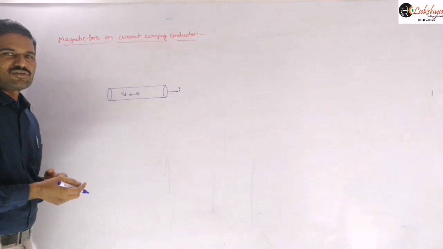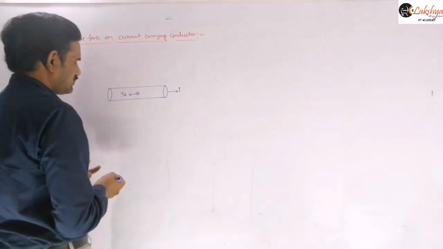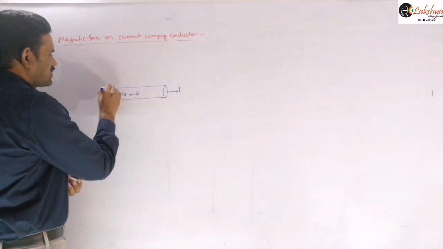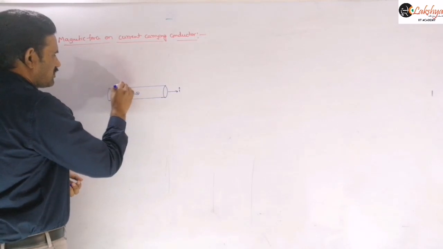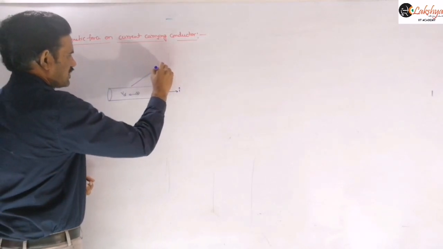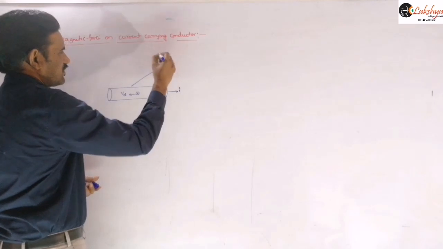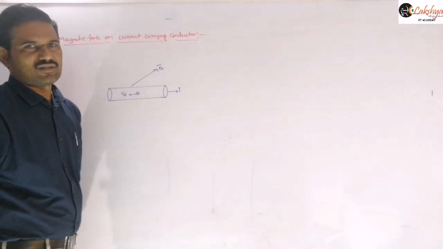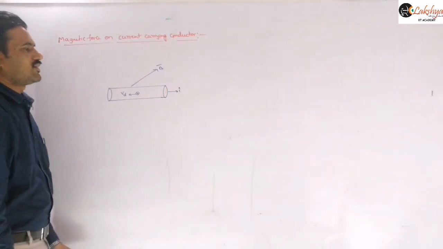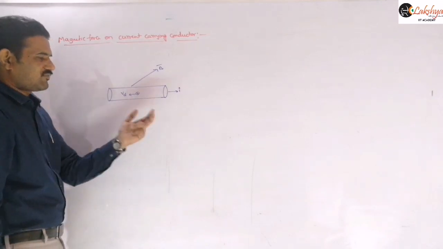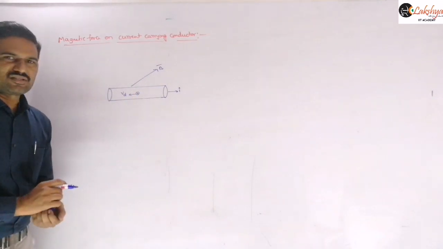Now these electrons will experience some force, right? Suppose this conductor is placed in a magnetic field B bar, making some angle, like this. The magnetic field is there like this, and current is flowing like this, so the charged particle will experience some force.